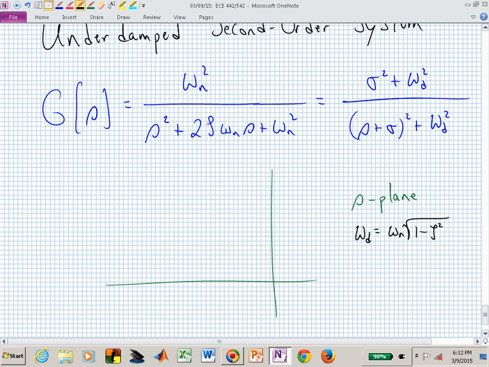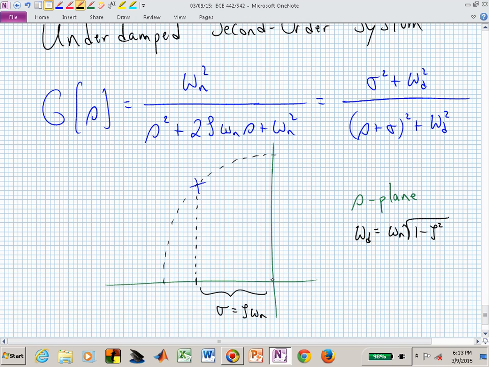And now I have to try to draw a circle, just 1/4 of a circle. And suppose that we now have a pole right there, and we have its twin down in the third quadrant. This particular pole has a real part that's a distance sigma into the left half plane, where sigma is now zeta omega sub n.